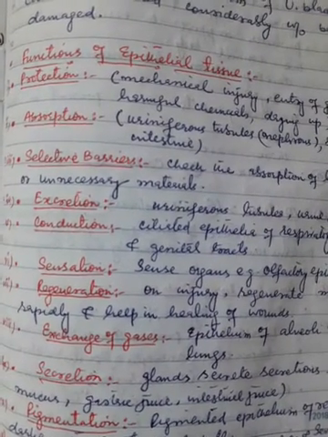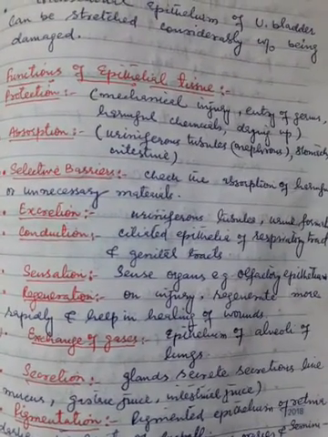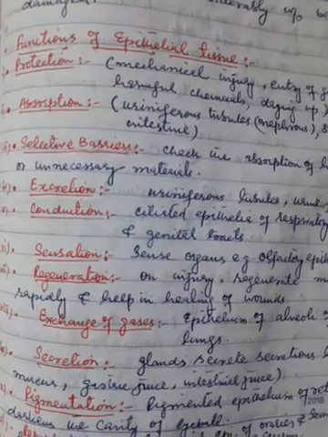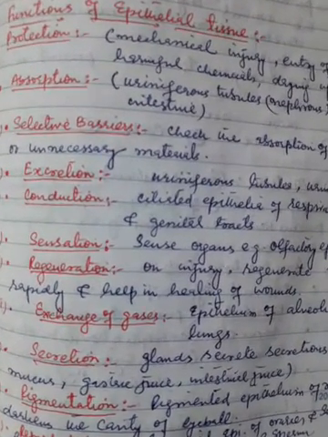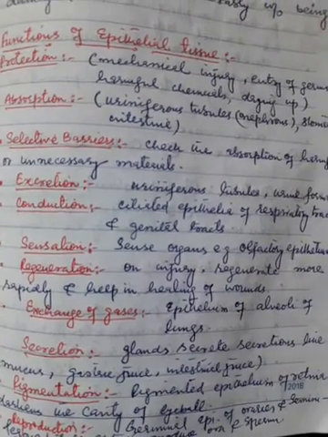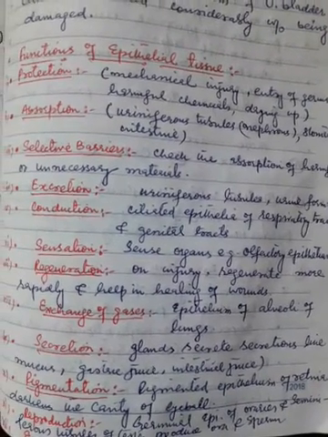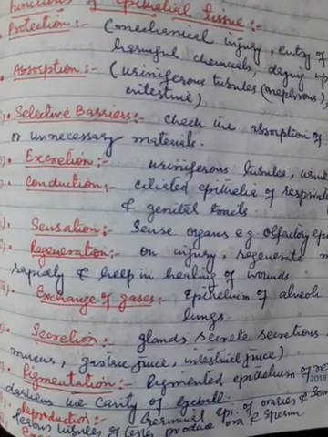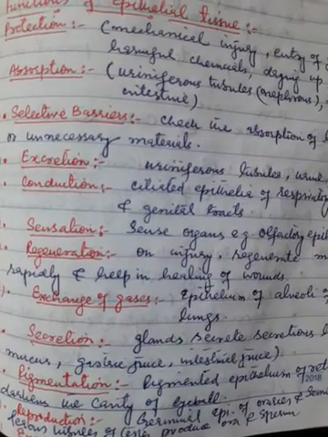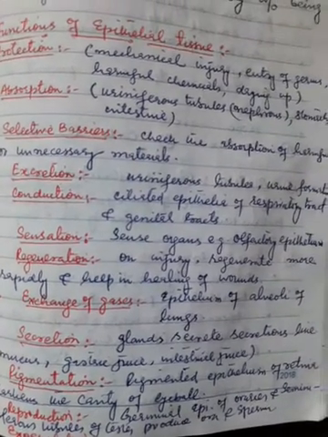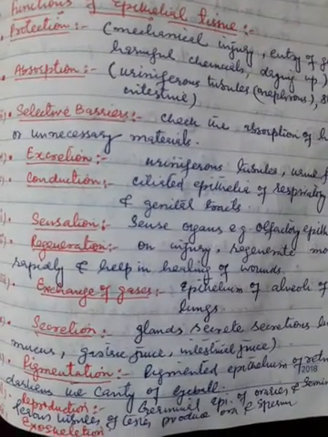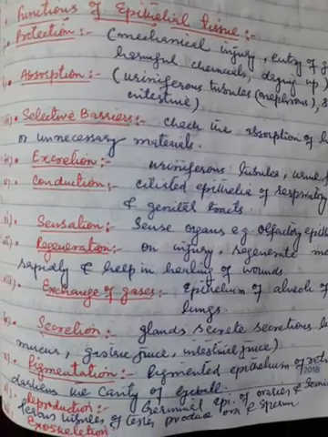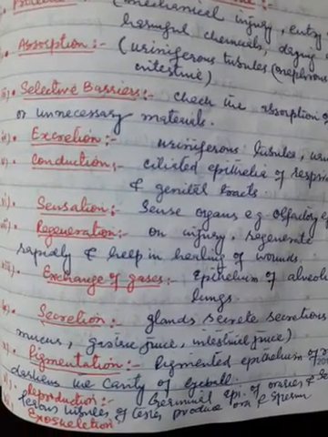Secretion, glands secrete secretions like mucus, gastric juice, intestinal juice. Pigmentation, pigmented epithelium of retina darkens the cavity of eyeball. Then reproduction, germinal epithelium of ovaries and seminiferous tubules of testes produce ova and sperm.